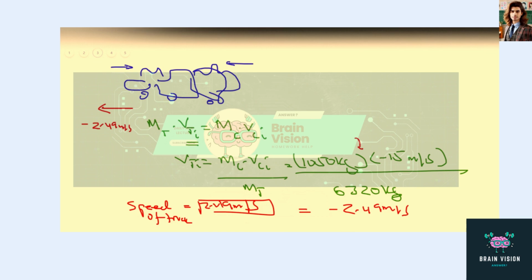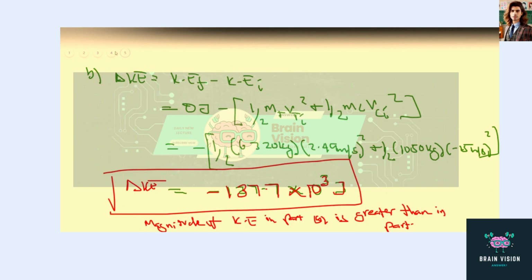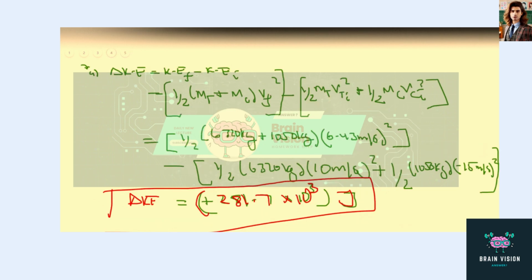This is the initial velocity of the truck, and then you can change that to speed. Speed is a scalar quantity. And then finally, you compare the energies in parts A and B, and you can see that the energy in part A is bigger.